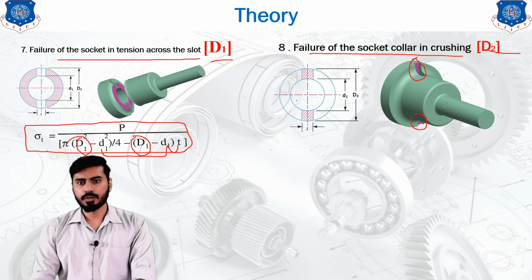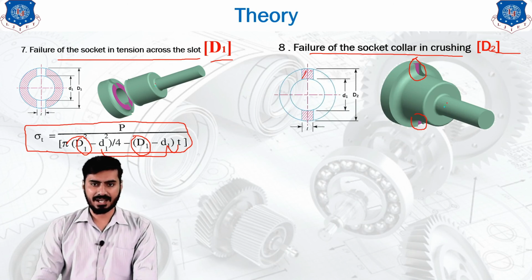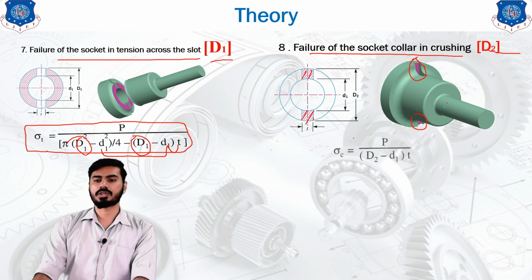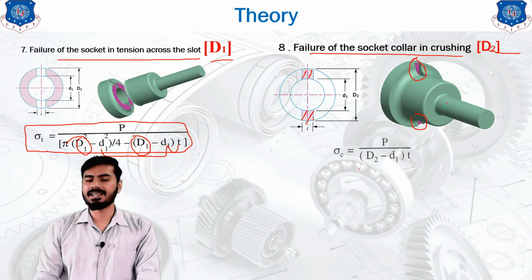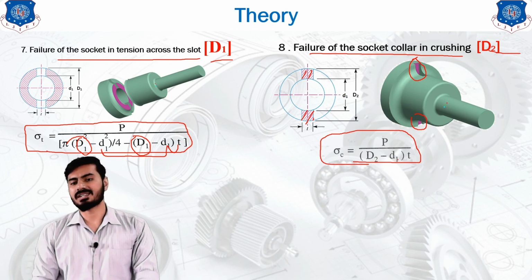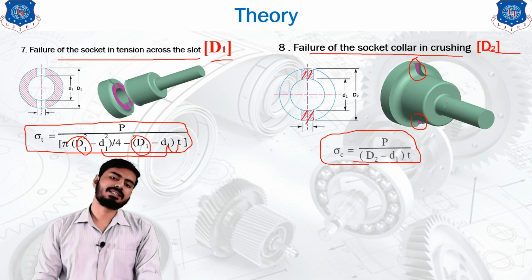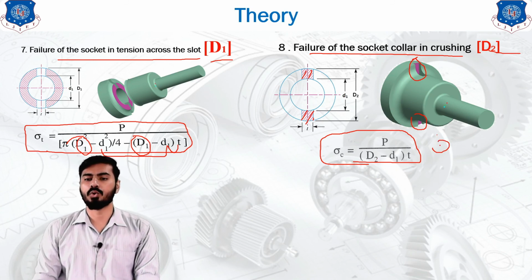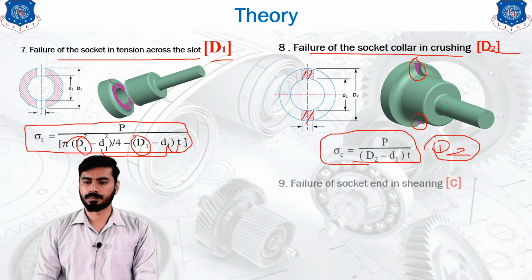From the side view, you can consider the projected area of this pink section as 2 different rectangles, and in order to calculate the area of this rectangle, you will see this equation: the area is d2 minus d1 into t. Now in this equation, d1 is available, t is also available, so that you can calculate the diameter d2, and this step will give you the answer of d2.